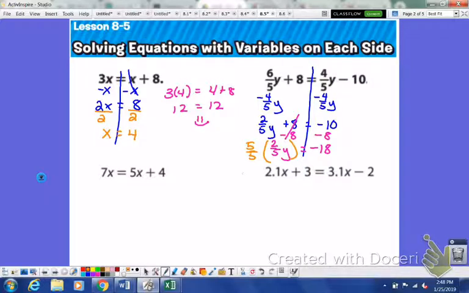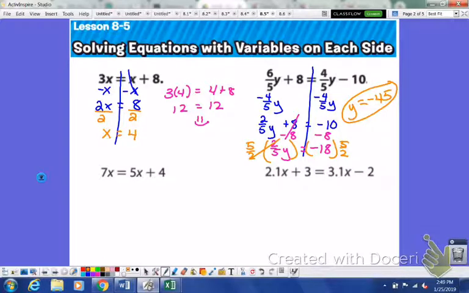So multiply by 5 halves. Multiply by 5 over 2. They multiply out to 1. So I'm going to move up here because I ran out of room. Y equals negative 18 times 5 halves is negative 45. Again, you can substitute it in, check, and make sure we're correct.